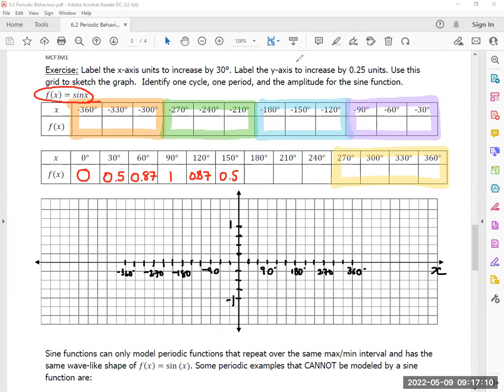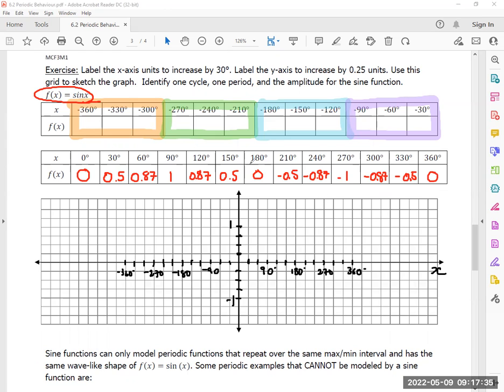Zach? 0. Negative 0.5. 0.866, so 0.87. Good. Nessica? Negative 1. Okay. Stop right there.